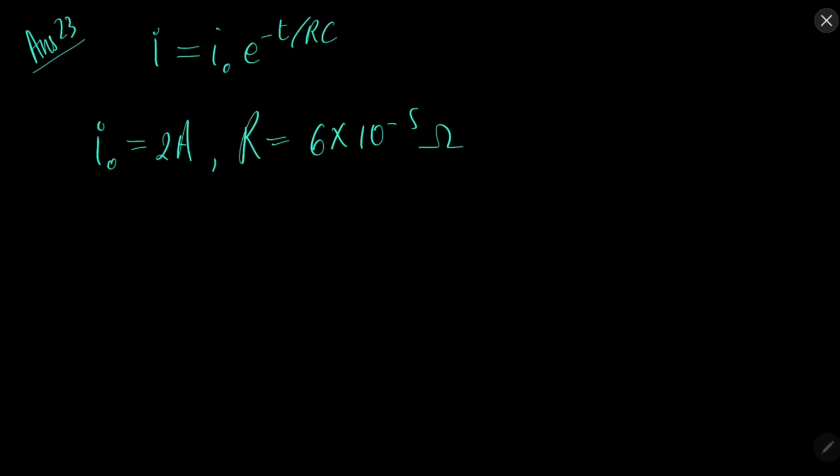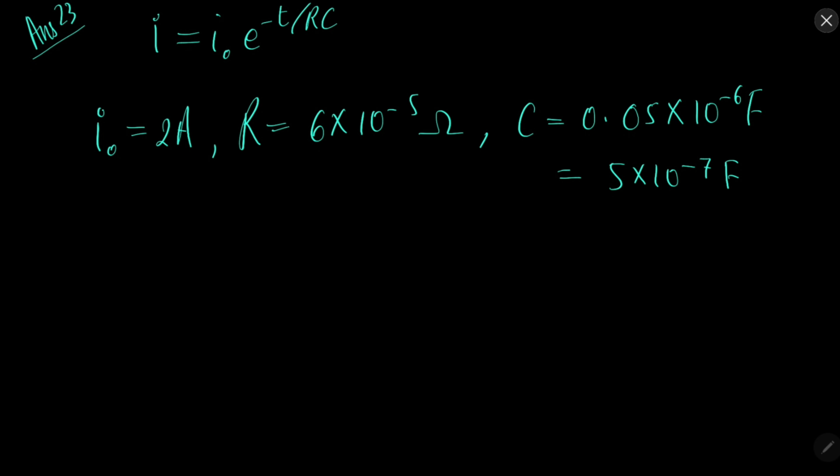Then capacitance is 0.05 into 10 to the power minus 6 farad, or 0.05 microfarad, or you can also write 5 into 10 to the power minus 7 farad. This is 0.5.